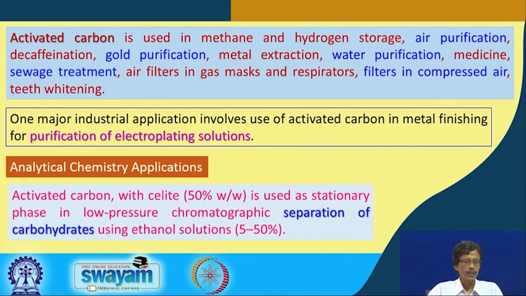One such case is when this carbon is used along with celite, which is a filtering material or filtering substrate, a clay-like material. If we mix them as a 50% weight by weight mixture of celite and activated carbon, it can be used as a stationary phase. That is used for low pressure chromatographic separation of carbohydrates.